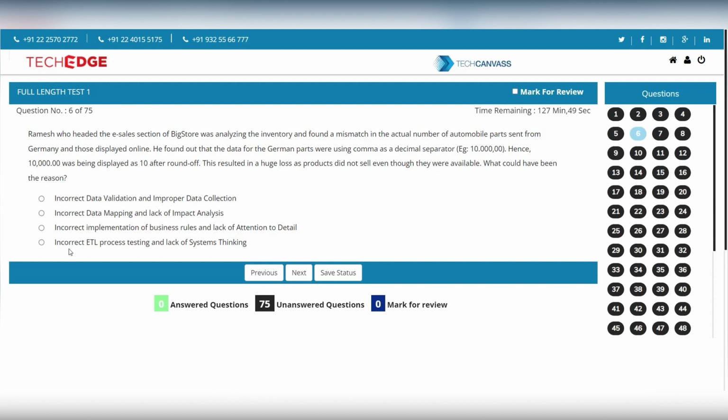And the last one, incorrect ETL process testing and lack of systems thinking. So let us think for a while, read the question properly and the given options as well, and pick one right answer. For now, I'm going to pick option B and let's look at the correct answer.